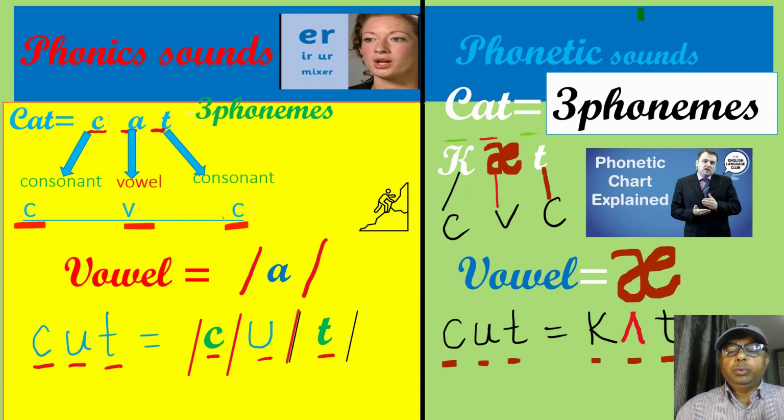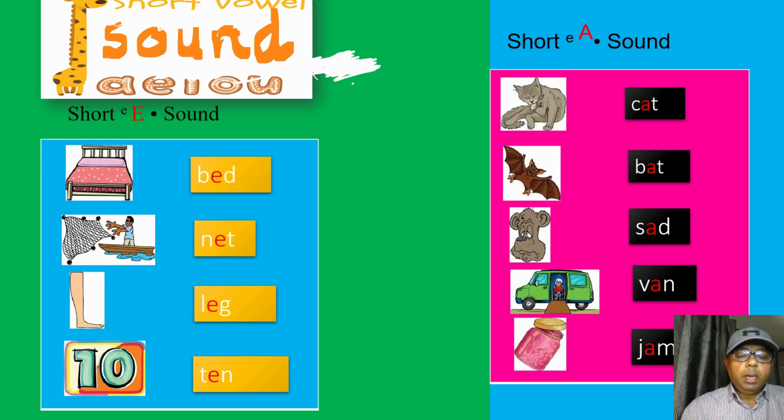Now I'm going to move on to the next slide. If you want to actually listen to the whole video on phonetics and phonics, you can pause the video and then listen to these sounds. Here I have tried to show you the short vowel sound. For example, the short E sound, and on this side I have tried to show you the short A sound.